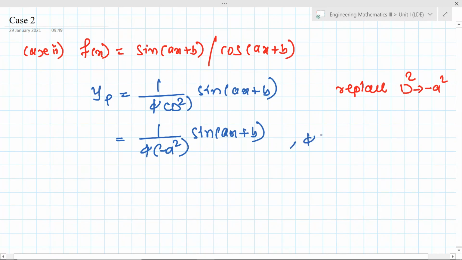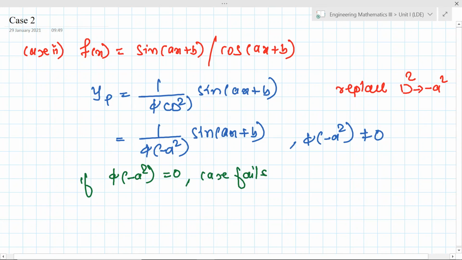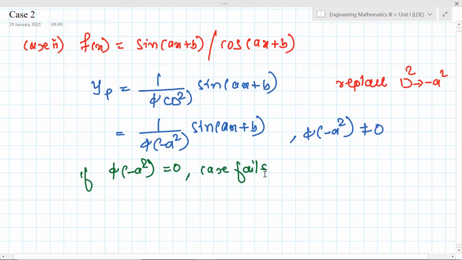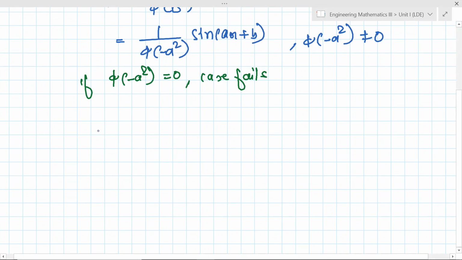Provided that phi of minus a square is not equal to 0. If phi of minus a square is equal to 0, then the case fails. Then what do we need to take? We need to take the derivative as in the previous case.